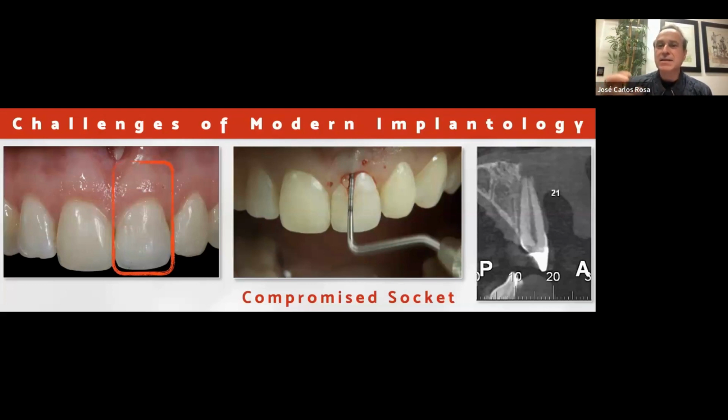What does excellence in aesthetics mean? It is to give back the outline and the papillae in their original position, or to improve all of this if necessary. But these are outcomes that patients are not looking for anymore, because they need to solve everything in maybe one, or at the most two, surgical procedures.